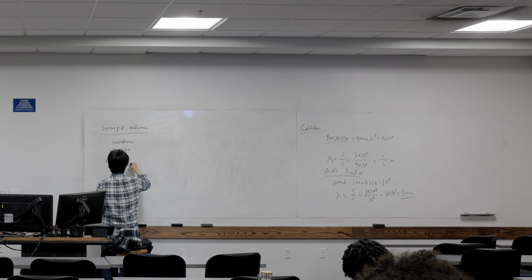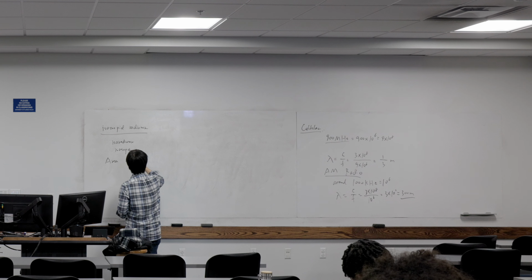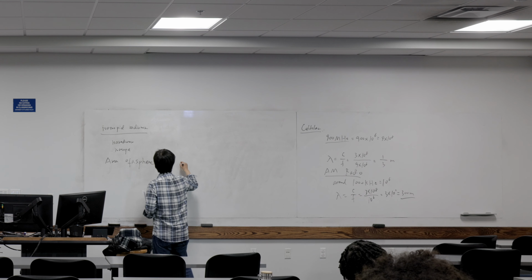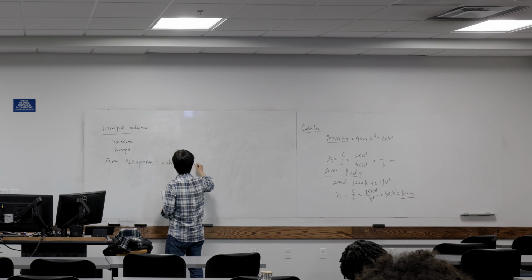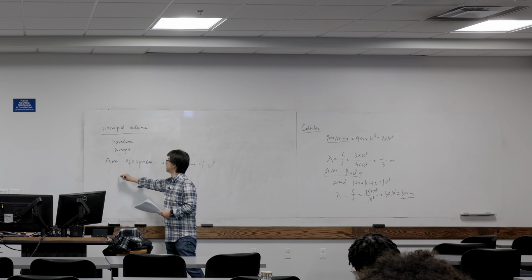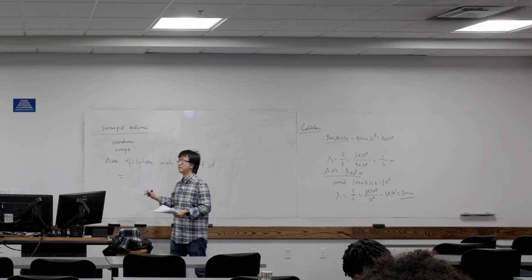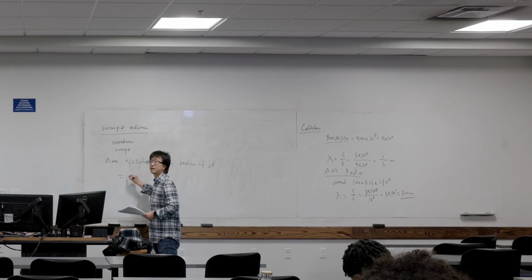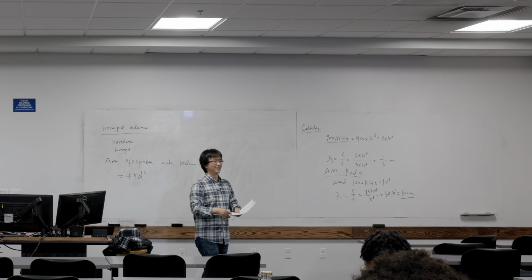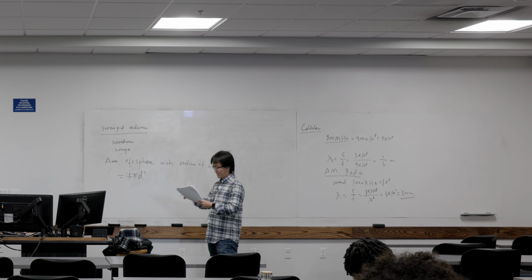So what is the area of the sphere? We need to compute the area of a sphere with a radius of d. So what's the area? Yes? Pi d squared? Almost. We have a 4 in front. Okay, great, so this is basically the area.